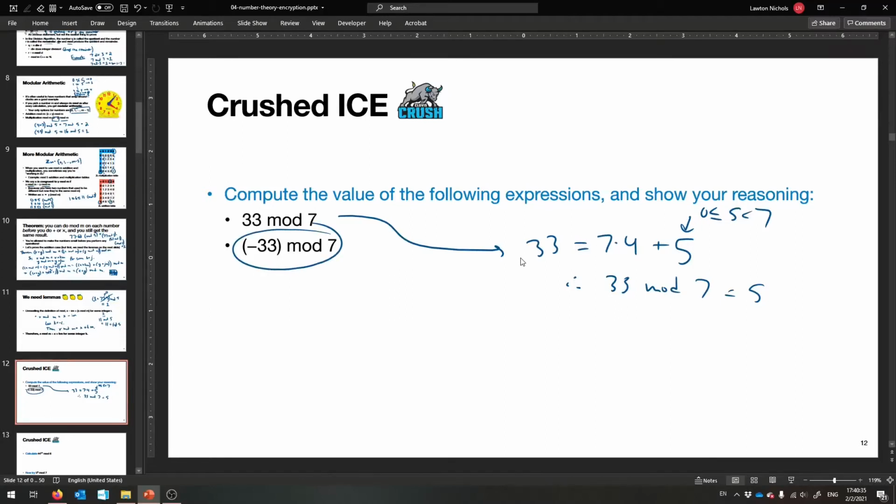The negative one is interesting, though, so I want you to take a second to think about that one. Sometimes, and I should say this right now, some programming languages, wink wink C++, do this wrong.